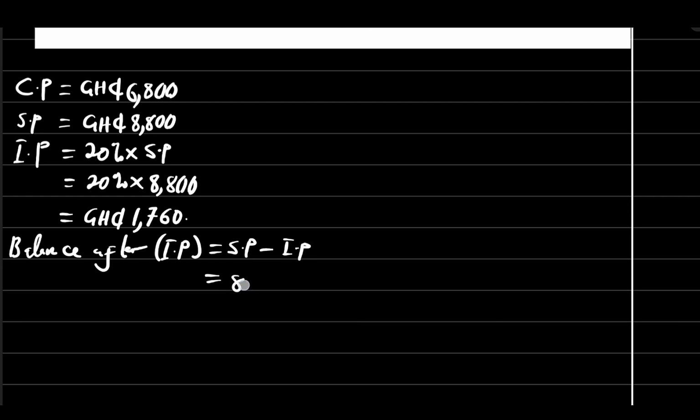Selling price here was 8,800, then the initial payment was 1,760. So the difference is supposed to give us a value of 7,040. You can cross check. So that becomes the balance.